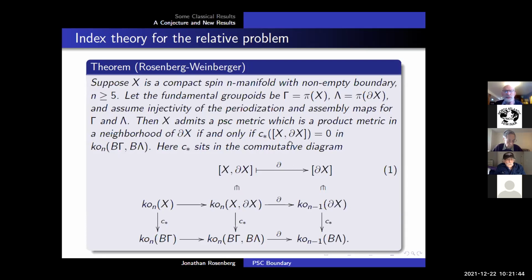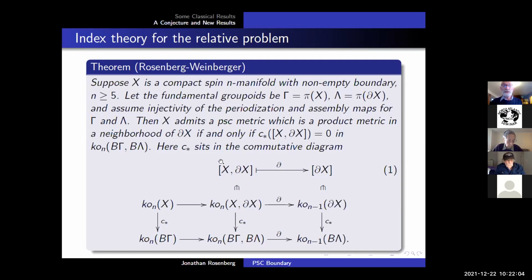the image in here in KO_n of B gamma rel B lambda is equal to 0. So let me just look at the diagram we're using. X is a manifold with boundary. So it has a fundamental class that lives in relative homology, not in absolute homology.